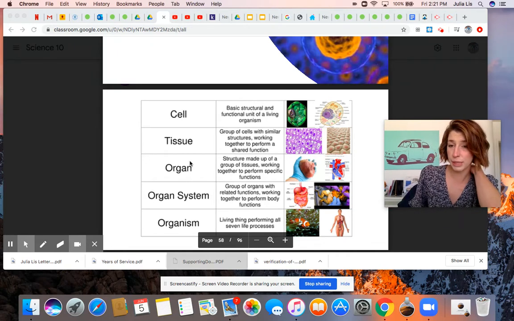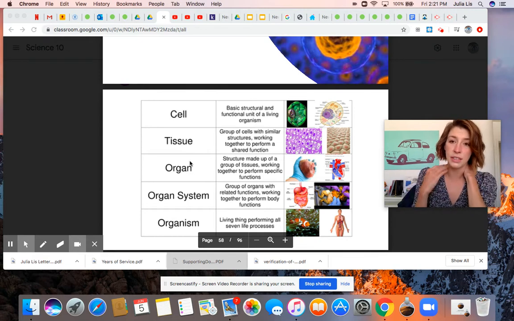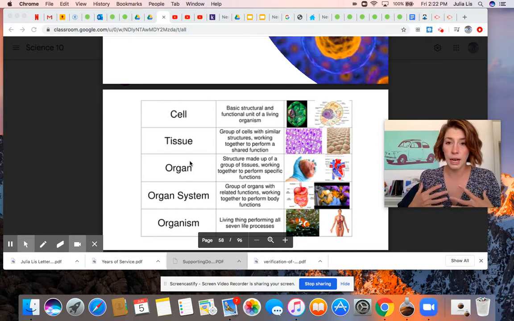Or your respiratory system, which is your trachea, your pharynx, your larynx, which is your voice box, and your bronchi and bronchioles, alveoli make up your lungs. So all those organs, when they work together, we call that an organ system. Those are like your respiratory system, like I described, or your digestive system, or your circulatory system.